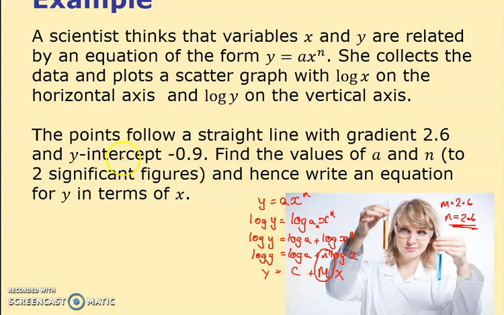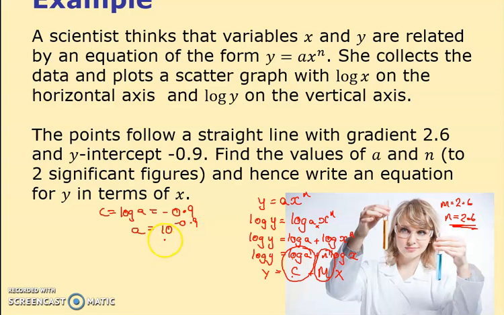And the y-intercept is minus 0.9. Notice my y-intercept c equals log a. That's minus 0.9, they tell me. So a is 10 to the power of minus 0.9.